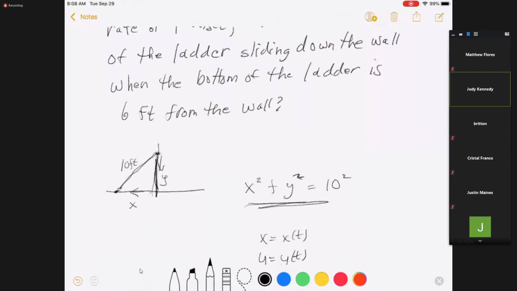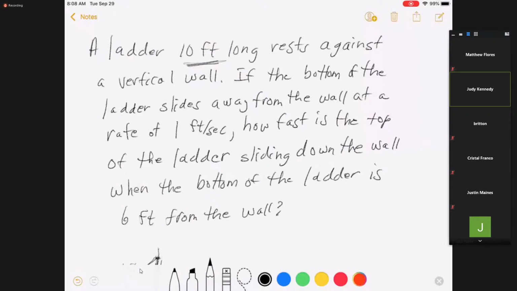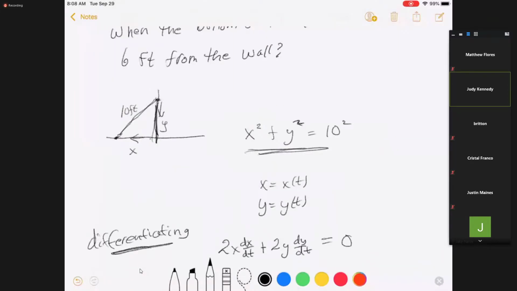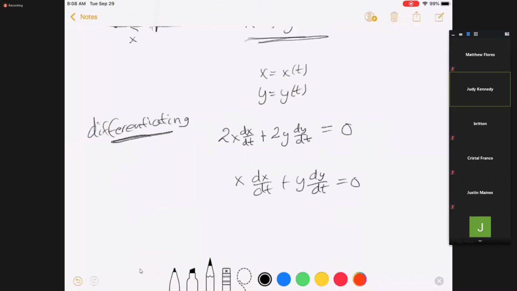Let's see, what's our information here? Well, we've used the fact that the ladder is 10 feet long, but we're also given that the bottom of the ladder slides away from the wall at the rate of 1 foot per second. That's talking about dx/dt. So dx/dt is 1 foot per second.